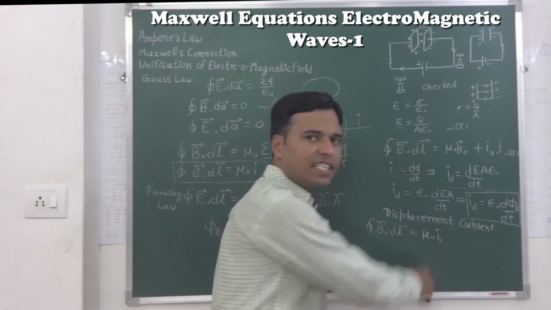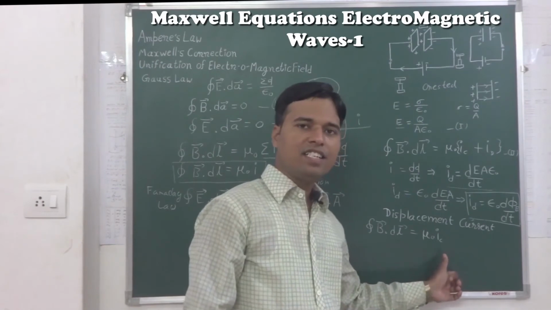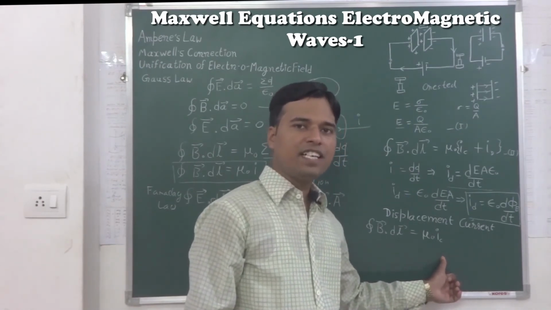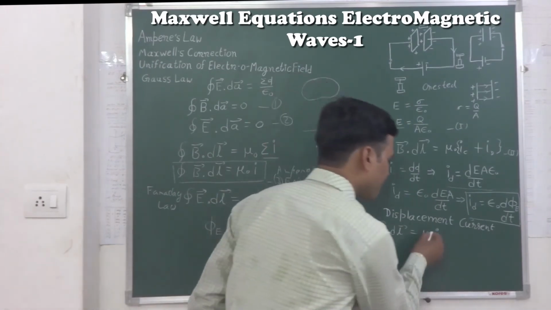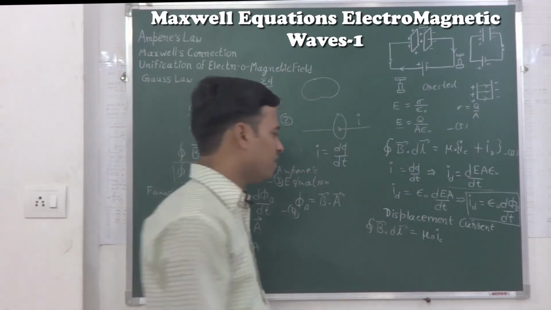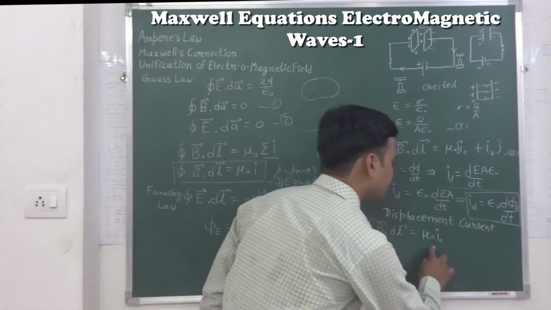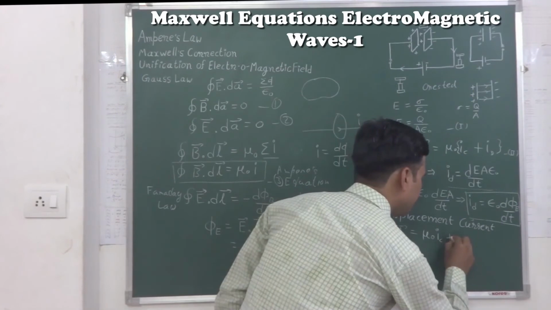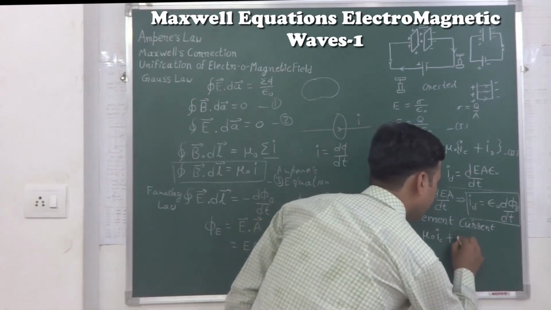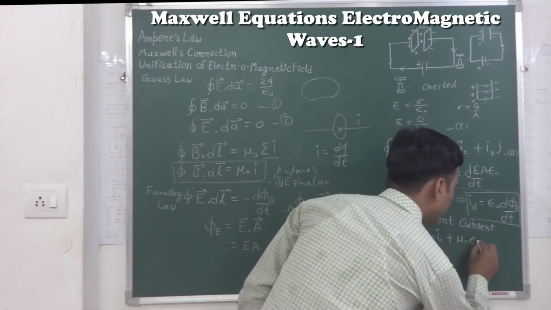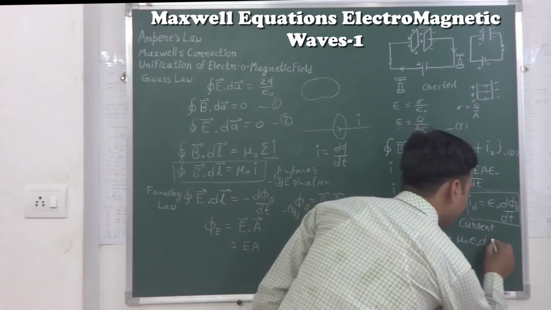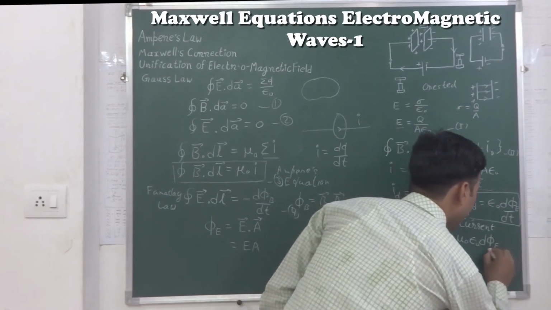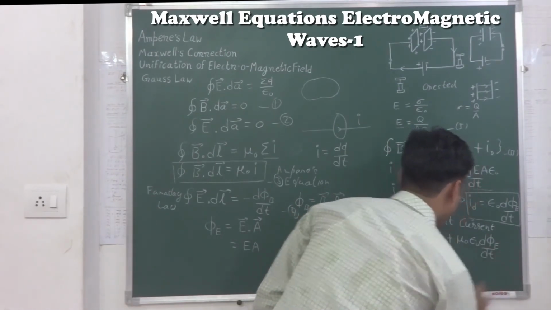This is the conduction current which requires the flow of physical charges in current carrying wire or a conductor, and the second term will be written as mu naught epsilon naught d phi E upon dt.